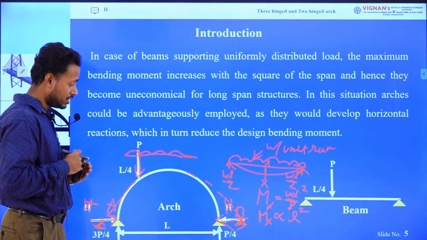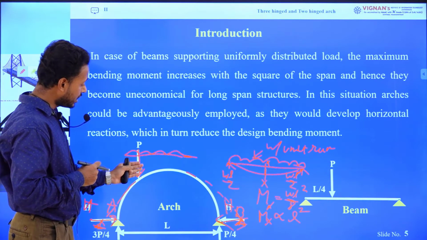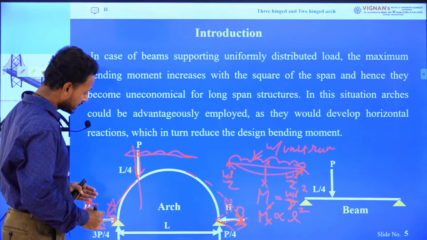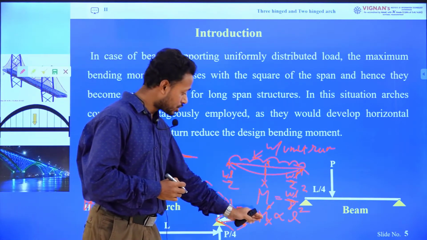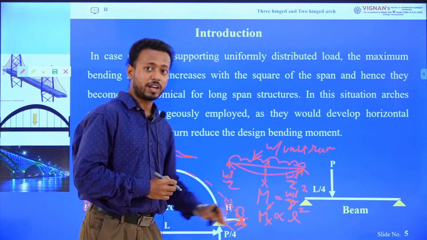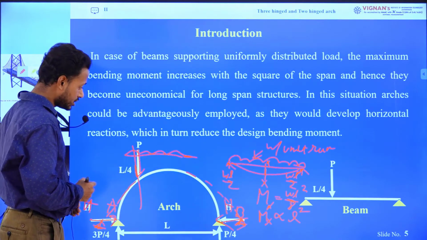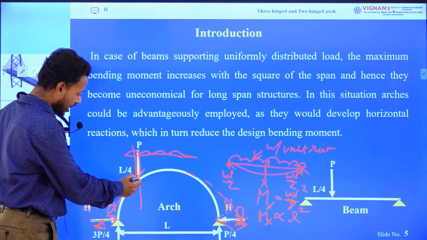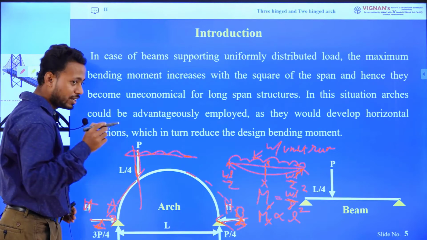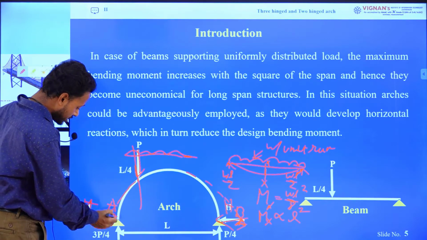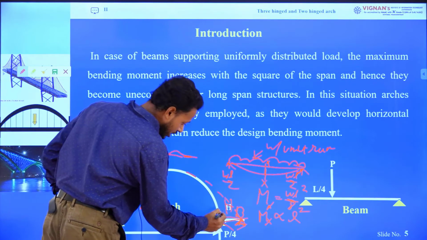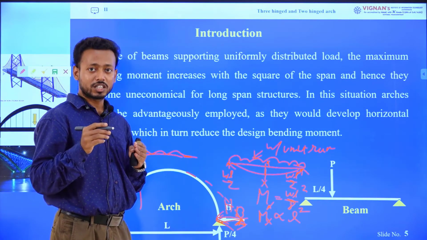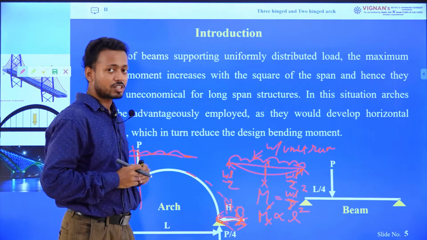This is the advantage. So the bending moment at any section will not be proportional to the square of the span, because the bending moment occurring in the arch is reduced due to the horizontal thrust. In this way the arch section is an economical section compared to a beam structure.